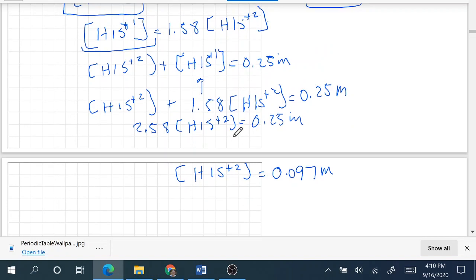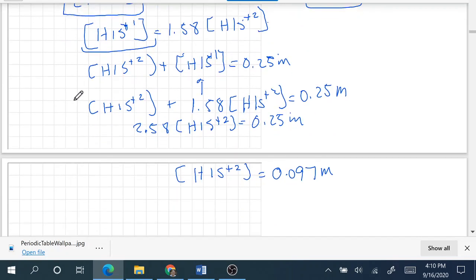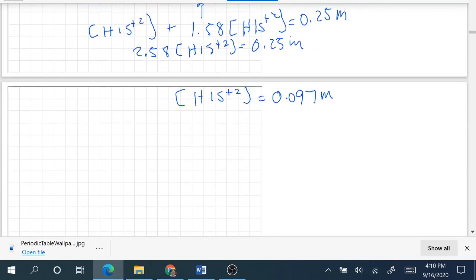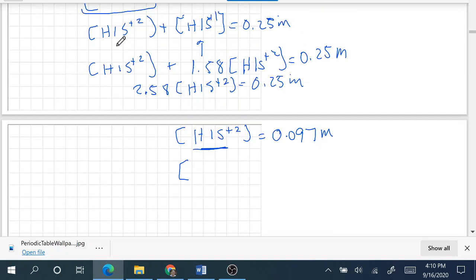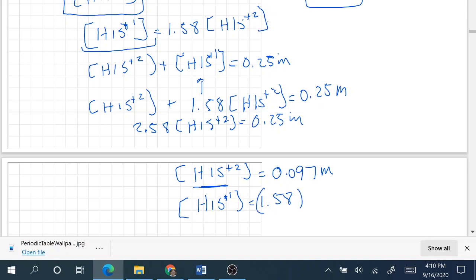Alright, and so now we can go back up to this previous equation. We say His plus 1 is equal to 1.58 times His plus 2. So we know the His plus 2 concentration. Now we can say, let's go back up. His plus 1 is equal to 1.58 times His plus 2, which is 0.097.